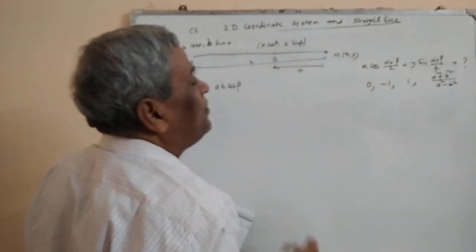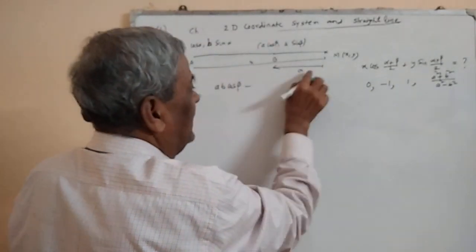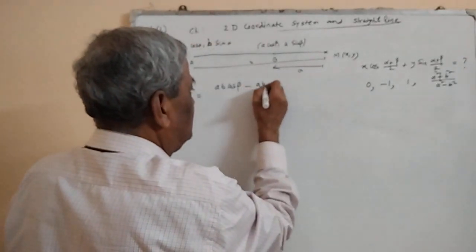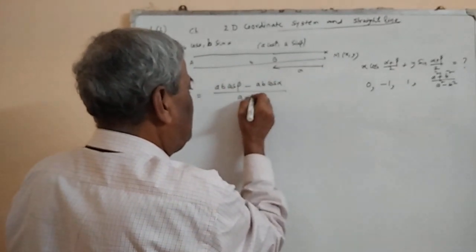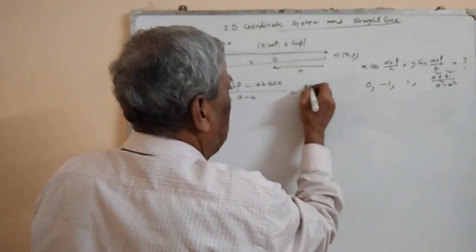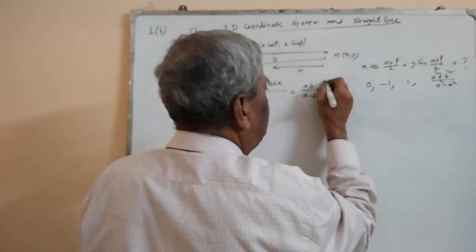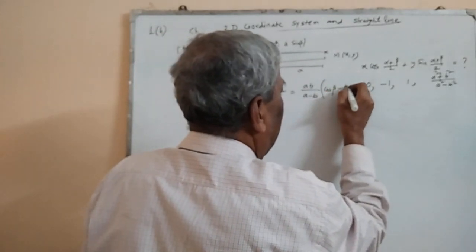But it is external division, so minus AB cos alpha by A minus B. It is simply AB by A minus B into cos beta minus cos alpha.